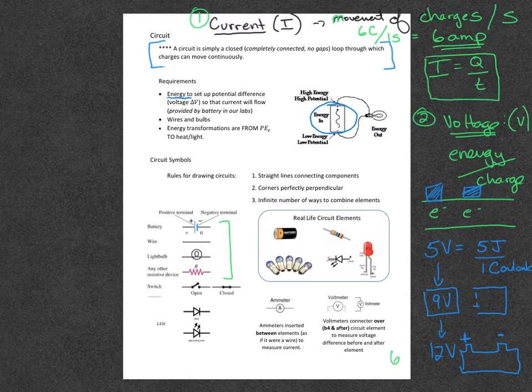Many of us plug things into the walls, but the battery is the best way to do that. Batteries create energy that flows from the positive terminal, where there's high energy, and the energy goes in the wire, carried by the electrons. And it's a one-way trip.